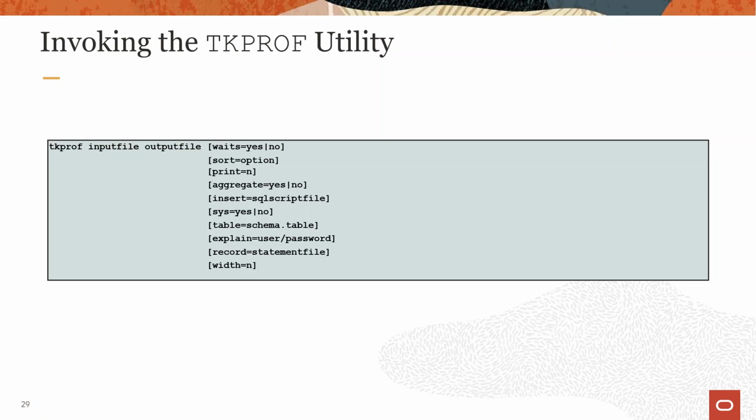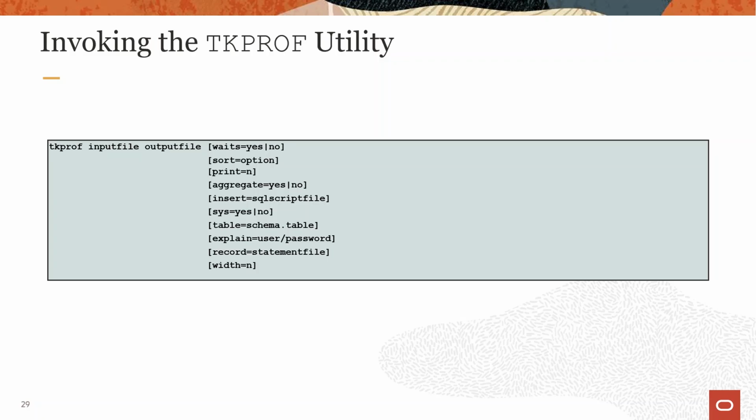With the parameters table and explain, you can ask tkprof to execute every captured SQL statement with the explain plan command to generate the execution plan, and ask to store those execution plans in the table that is specified by the table parameter.